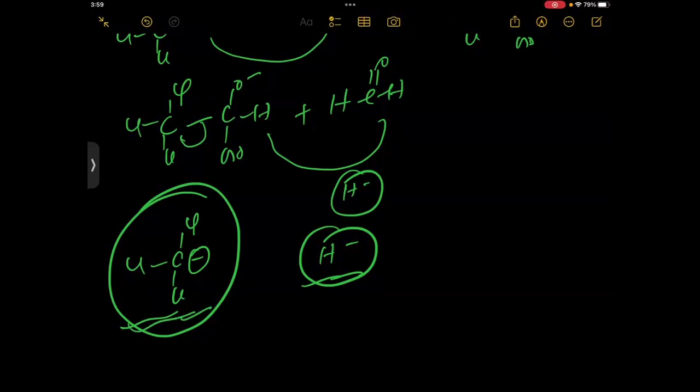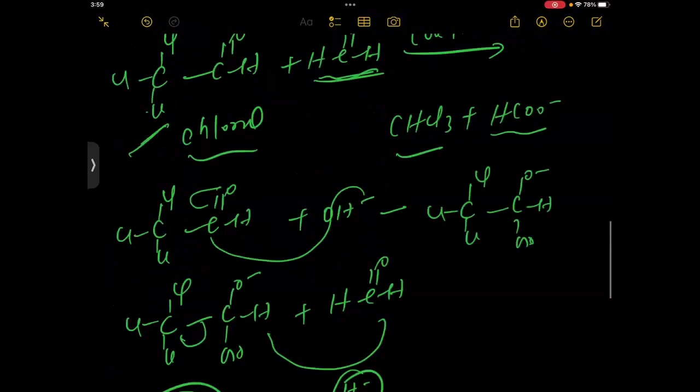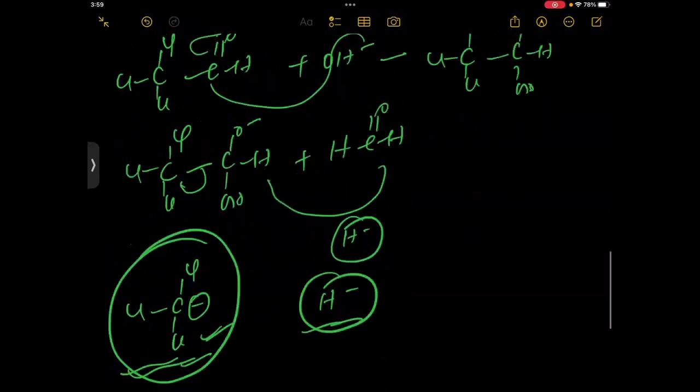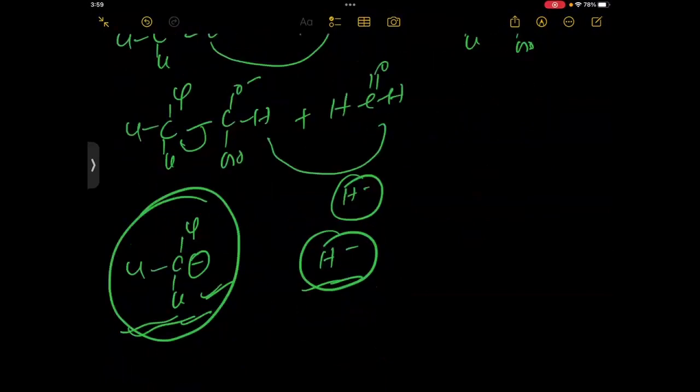So instead of hydride transfer, it will move away from the reaction site. That is the reason the compound is not going to undergo the Cannizzaro reaction.